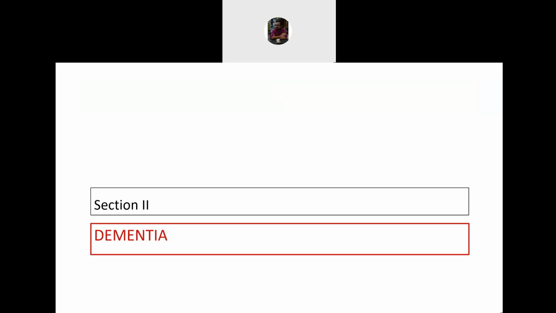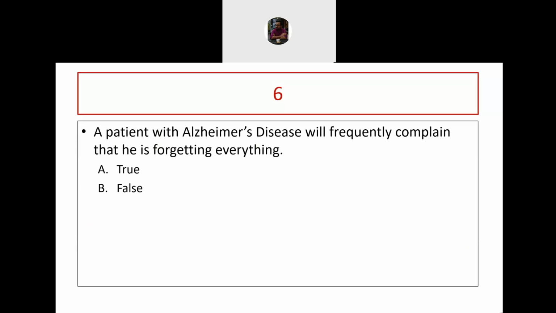The next part we start with is dementia. So let us start with a few questions. A patient with Alzheimer's disease will frequently complain that he is forgetting everything. Is it true or false? Next question.